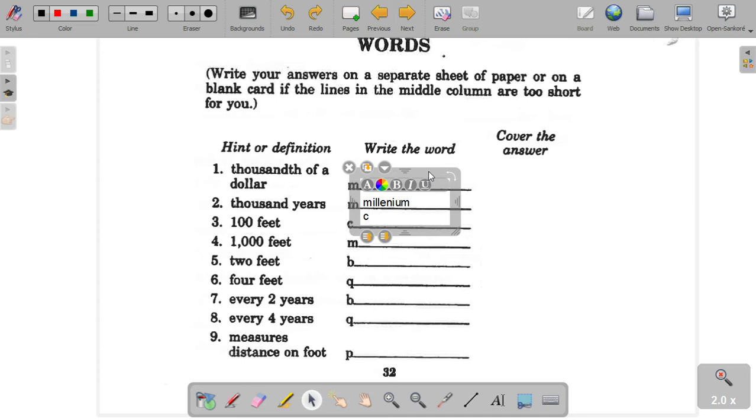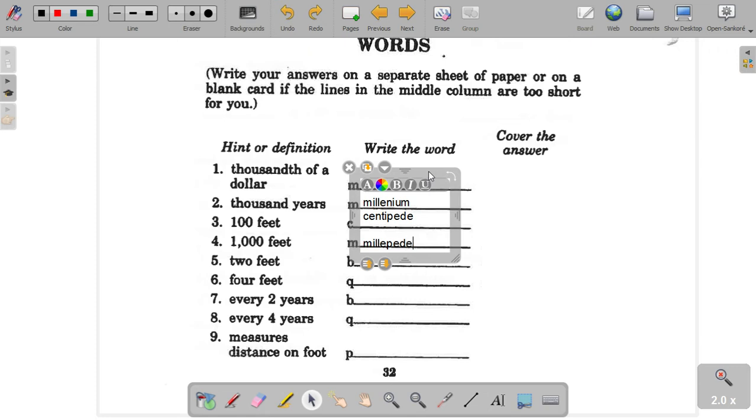100 feet. What's 100? The prefix that means 100. Yeah. So cent. And then what's the root for feet? Centipede, right. Good. And then 1,000 feet would be? Millipede.